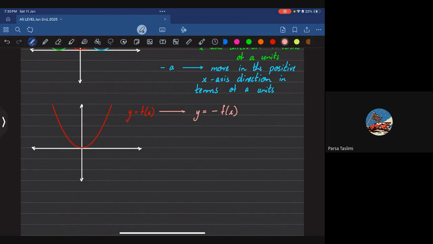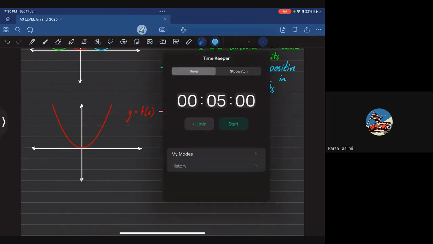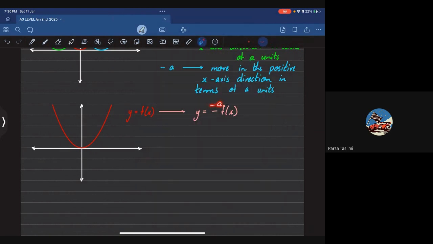Whether there's an a number over here or any number over here, whenever there's a negative sign, keep this in mind that you're going to have reflection. But reflection where? You're going to have reflection in the x-axis. What does that mean?